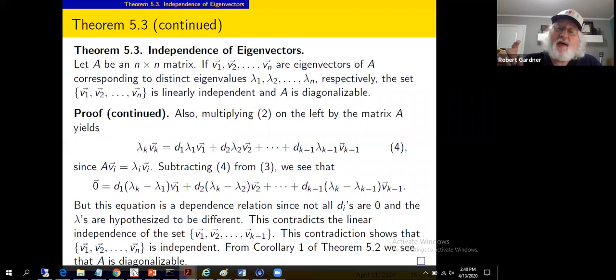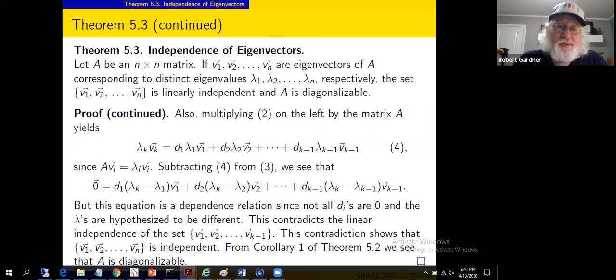That's the assumption we made. That's wrong. It must be the case that the vectors v1 through v sub n are not dependent, that is, they are linearly independent. And that's what we were trying to show. Different eigenvalues yield linearly independent eigenvectors.